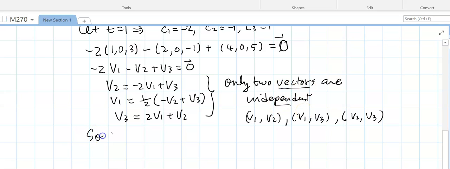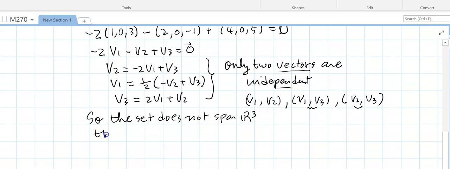So the set does not span R3. Instead, because only two vectors are independent, the set spans R2. Meaning what?